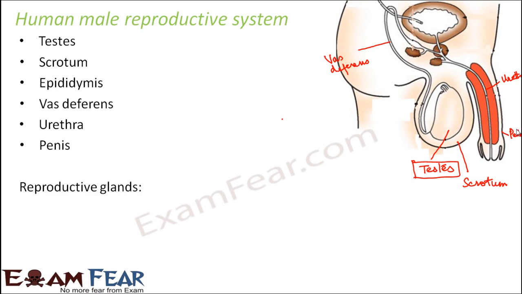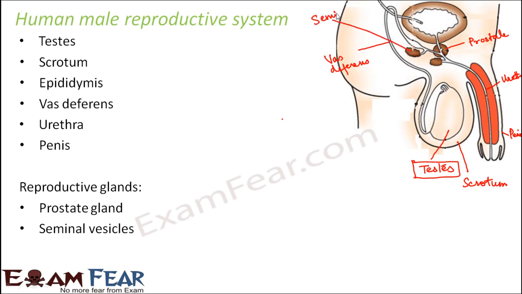Besides these, there are a few very important reproductive glands. What are the reproductive glands? They are the prostate gland. This is the prostate gland. There is another gland called the seminal vesicles. This is the seminal vesicle.